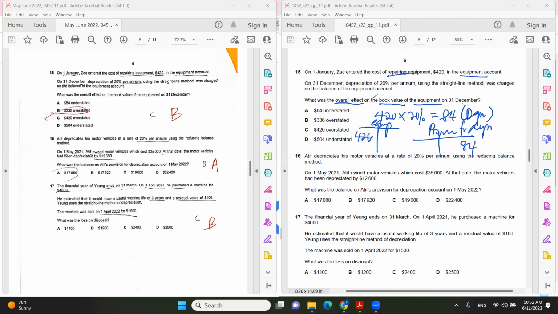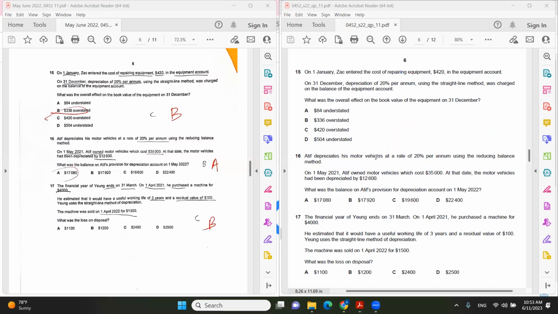So for the overall effect, we take this one minus this one, we get the net book value. So the net book value will be 336. So at the end of the year, our non-current asset will be overstated by 336. So the answer should be B. Minus the provision for depreciation, the net amount is this one. Okay, next.